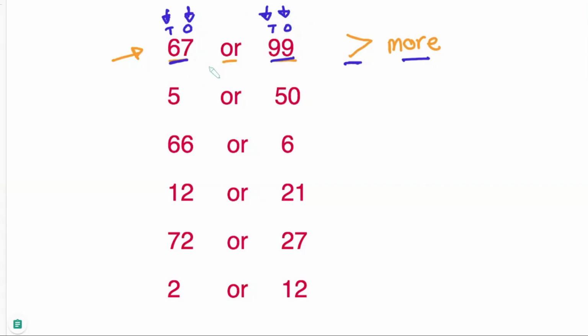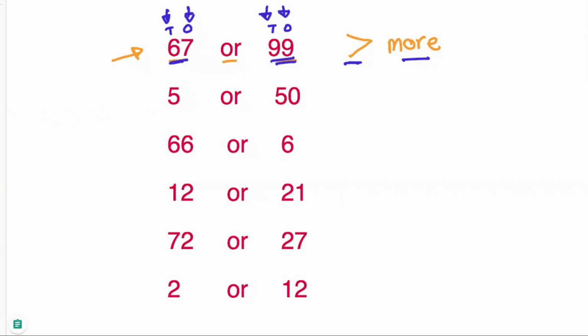Okay, let's have a look. So, is 67 or 99 more? Which number is bigger? We know that this is a two-digit number because it has two digits in each number. So we can see that for 67, there is a 6 and a 7, and for 99, there are two 9s.